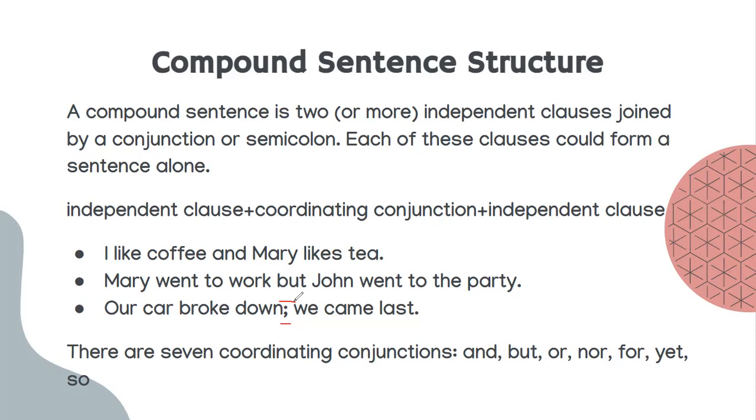There are 7 coordinating conjunctions: and, but, or, nor, for, yet, so. These are our coordinating conjunctions.